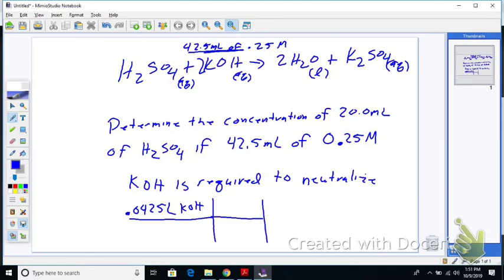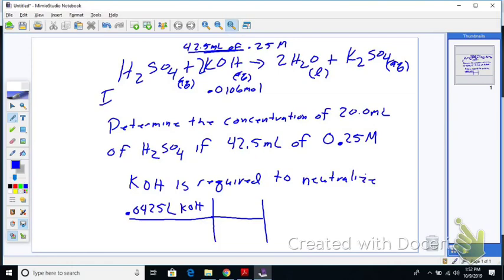Next thing I'm going to do is what you guys normally do up here that I showed you with the ICE. You found the moles of the KOH. And you did that by multiplying the 0.0425 times the 0.25. When you multiply it, you're going to get the initial amount down here, that would be 0.0106. So there's 0.0106 moles of this.